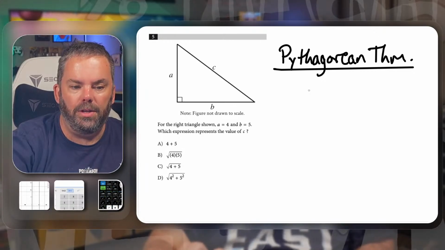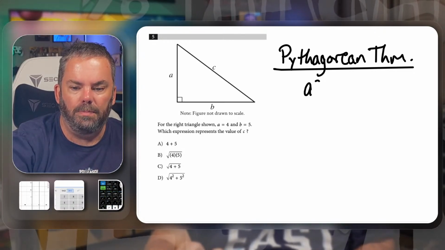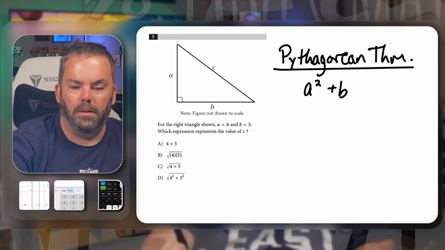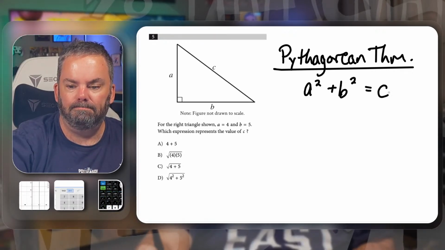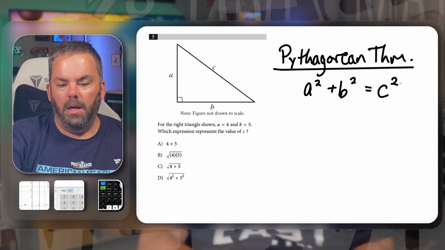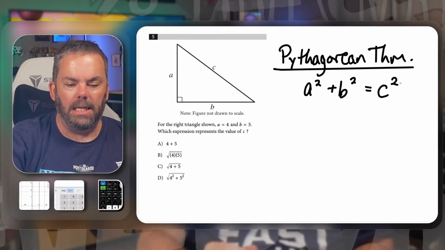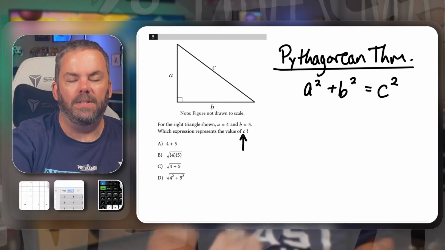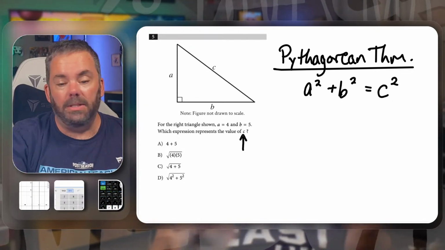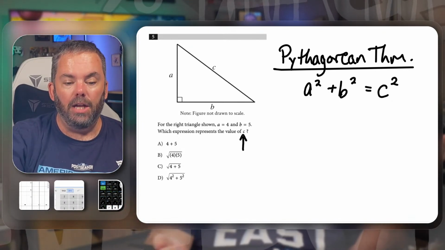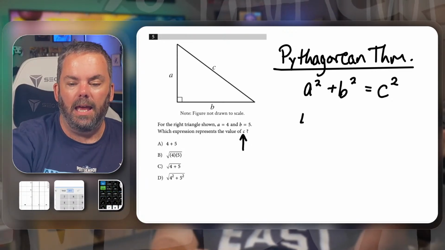And the Pythagorean theorem says a squared plus b squared equals c squared, right? Boom. Now in this problem, they ask you for the value of c. So if they ask us for the value of c, one of the variables, they must give us the other two variables. And sure enough, they do. They tell us a is 4.